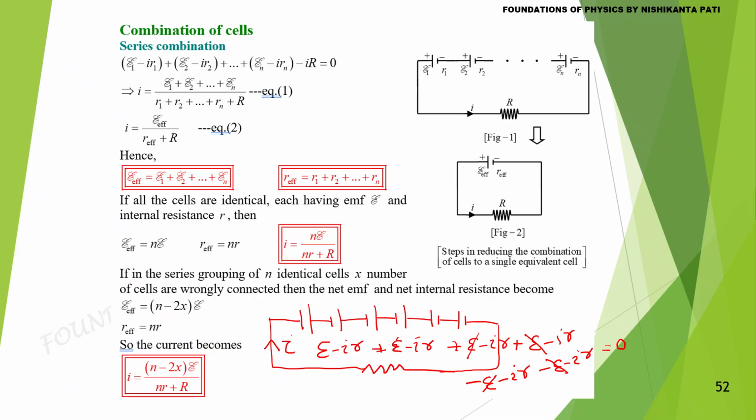Similarly here, out of n cells, x are wrongly connected, so 2x are cancelled. Then I equals (n minus 2x)E, but there is no change in the r term. That is why I equals (n minus 2x)E by (nr plus R).